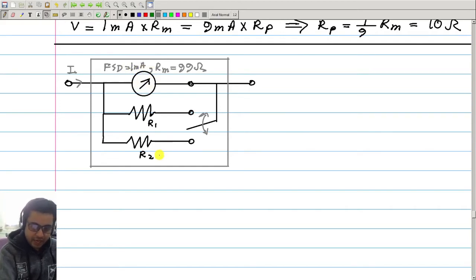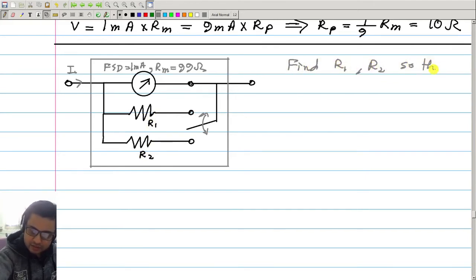I ask you what should be the values of R1, R2, so that we can change the range.